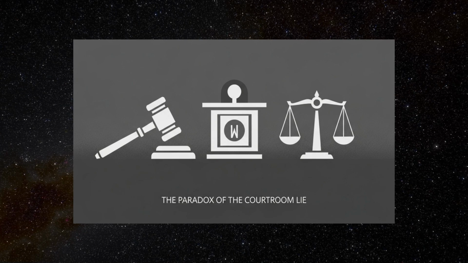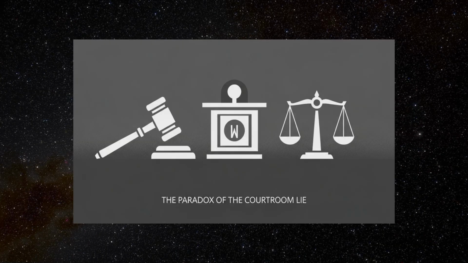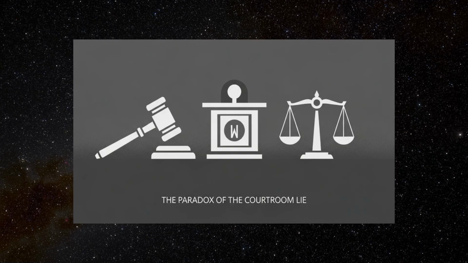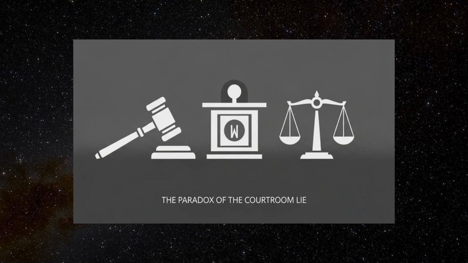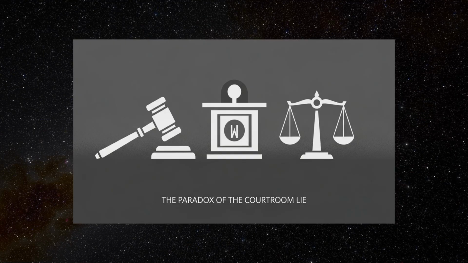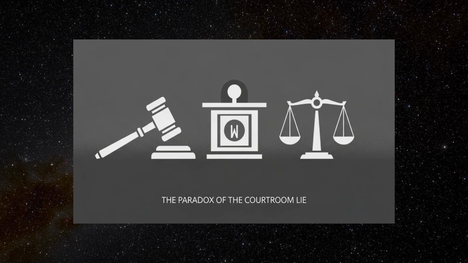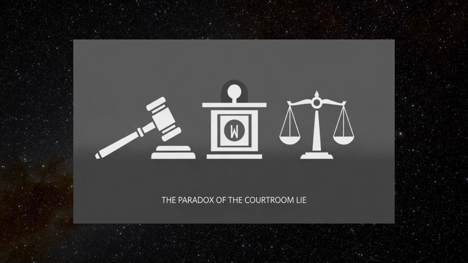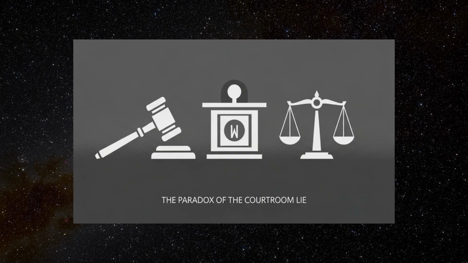There are also broader philosophical implications. The paradox raises questions about truth in language, the limits of self-reference, and the fragility of communication in formal settings like the law. If a legal system is forced to interpret paradoxical statements as either lies or truths, it risks misrepresenting their logical status and making judgments that are not grounded in reality.